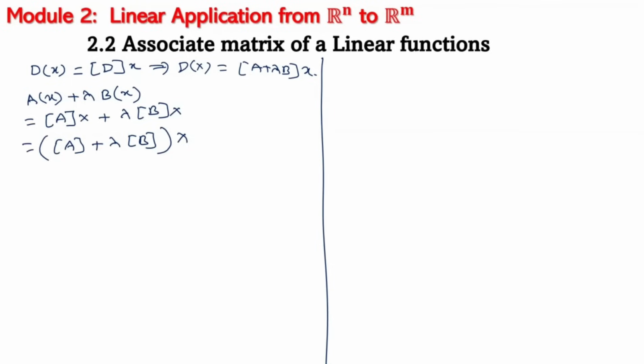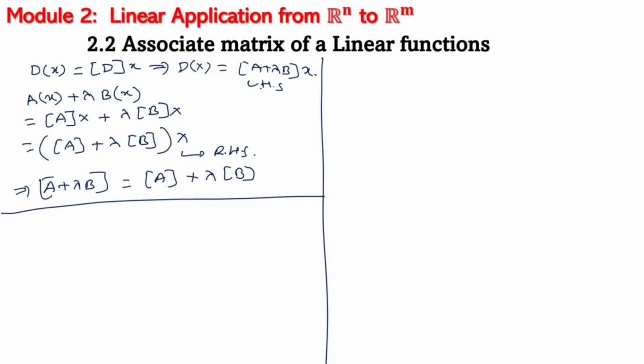Since this is the left hand side and this is the right hand side, if you combine them, these two give you that the matrix of A plus lambda B is equal to matrix of A plus lambda matrix of B. So this gives you the summation. So now we are going to prove it for the composition.